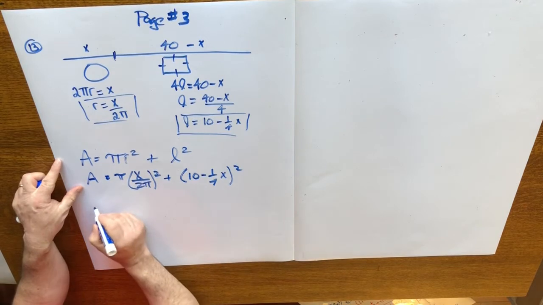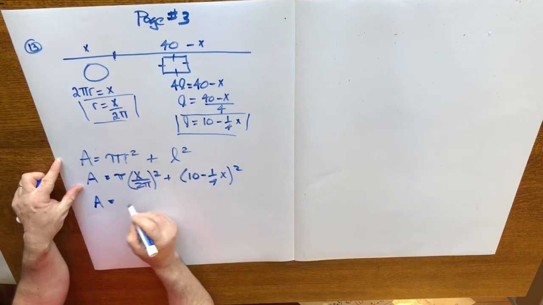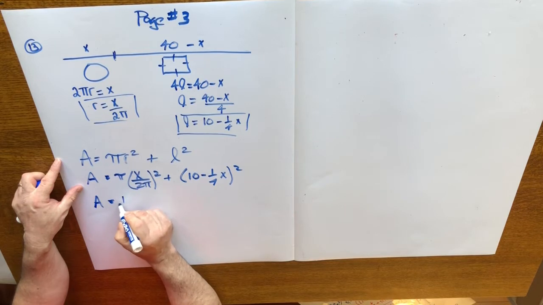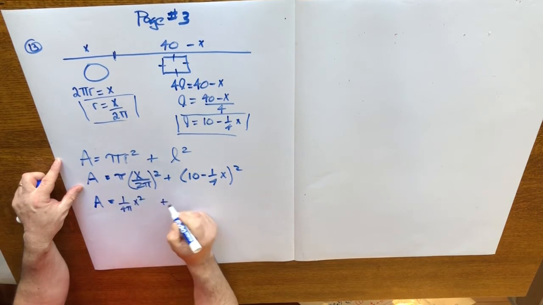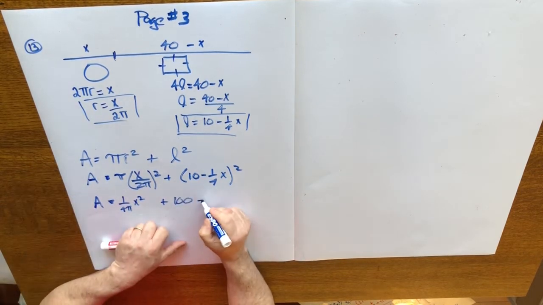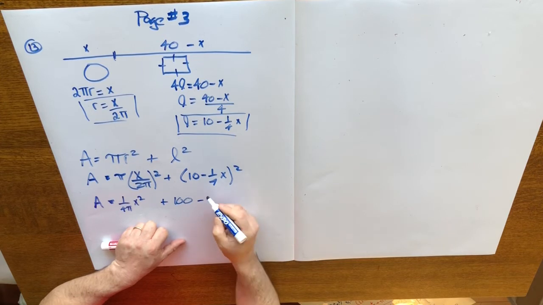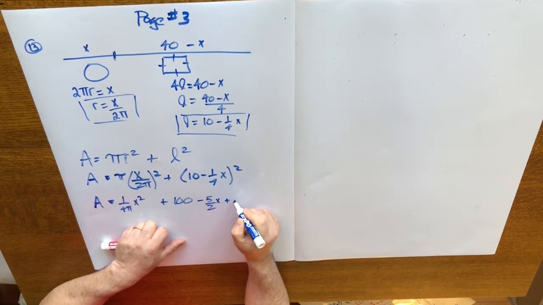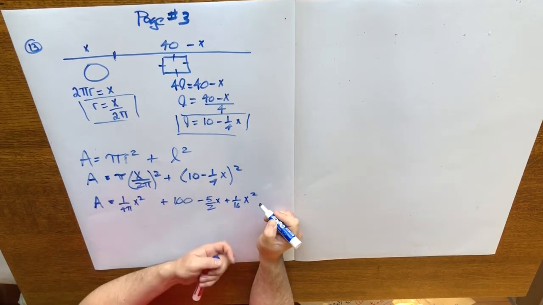So let's simplify that before we take the derivative. A equals 1 over 4 pi x squared plus 100 minus 5 over 2 x plus 1/16 x squared. 10 over 4, half of that.